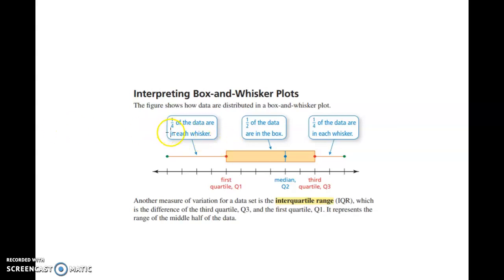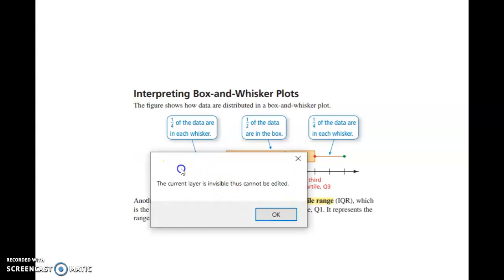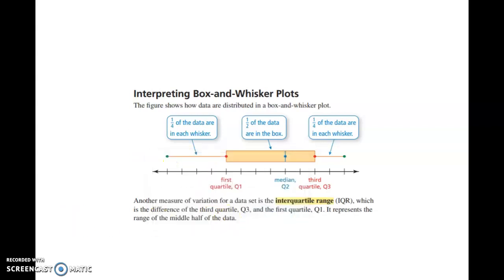So if we look at this box plot here, just a reminder, this is the minimum, Q1, median, Q3, and the maximum. So a quarter of all the data are in between each piece. So here, this is a quarter of the data, and one way to write a quarter is 25%.